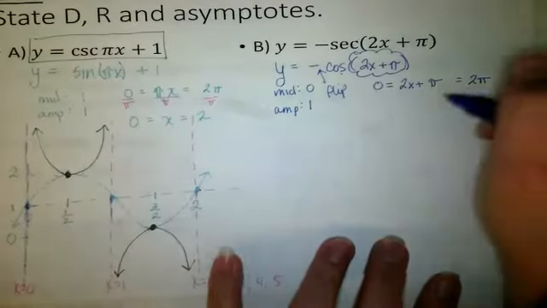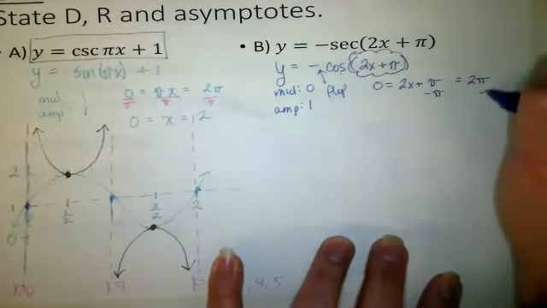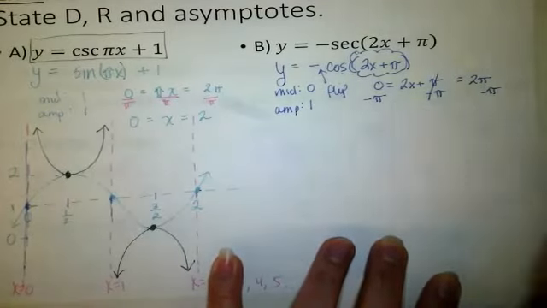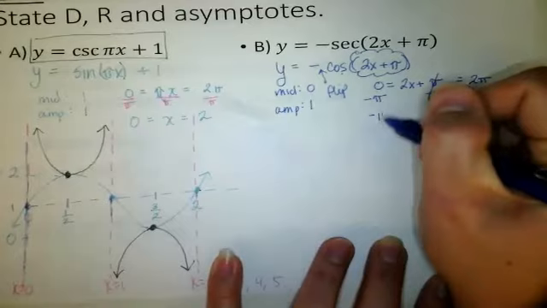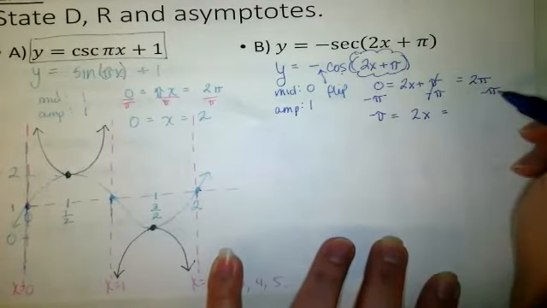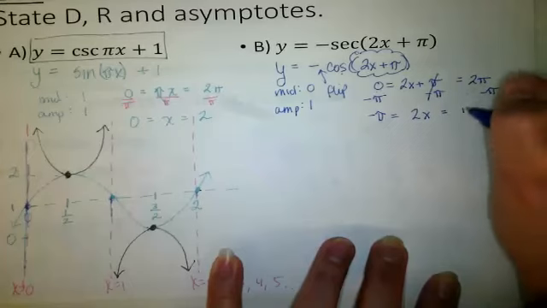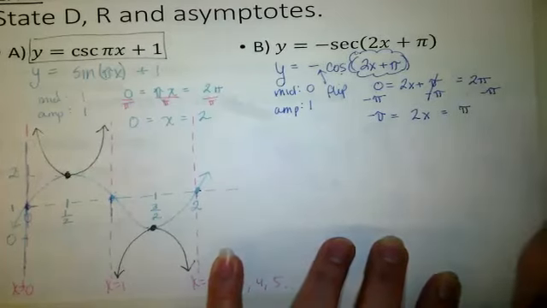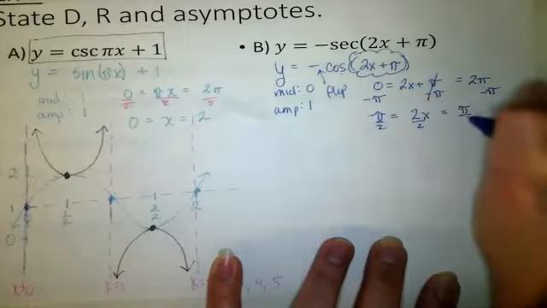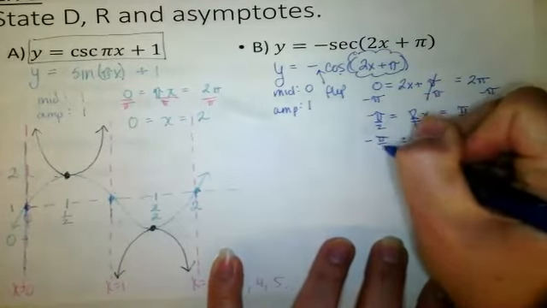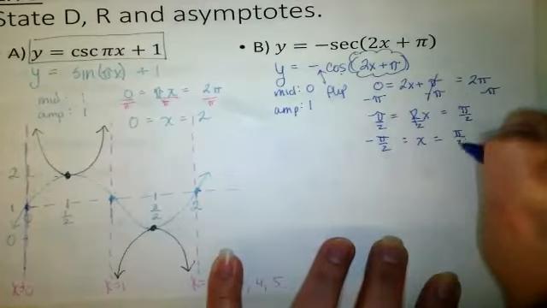Subtract pi. 0 minus pi is negative pi. We get a 2x in the middle. 2 pi minus pi is pi. And then we divide by 2, so x is between negative pi over 2 and pi over 2.